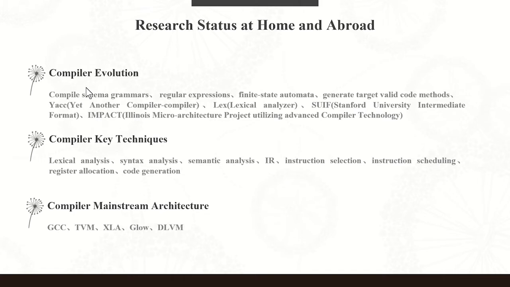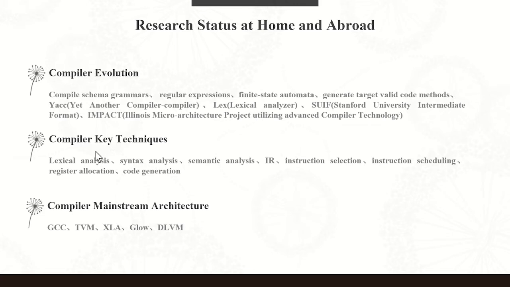Compilers have a long history of development, and the more symbolic events are the emergence of YACC and LEX, which represent the key technologies of the traditional compiler front-end, such as lexical analysis, syntactic analysis, and semantic analysis.